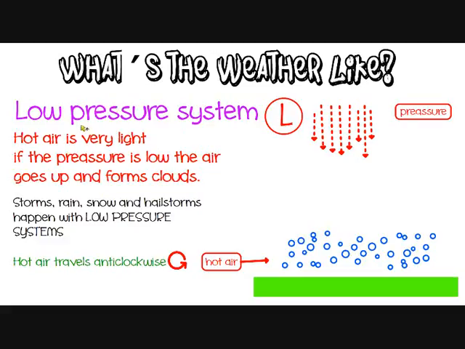So let's see this in a little animation. We can do that easily. In a low pressure system, always represented by a red L, when you see a red L it is a low pressure system. Hot air is very light, and the pressure is low.